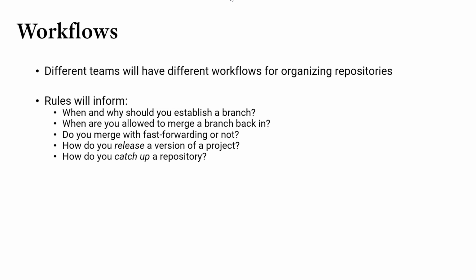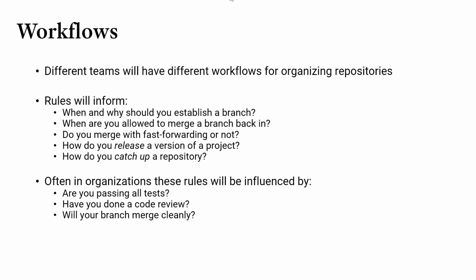Or some teams prefer to never use fast forwarding, and we'll talk about that as well. How do you release a version of a project, and how do you catch up some branch or your own repository when others in your organization have been making progress beyond where your repository currently is?